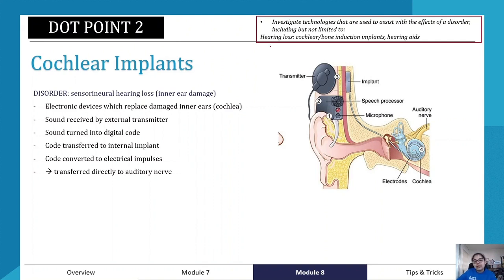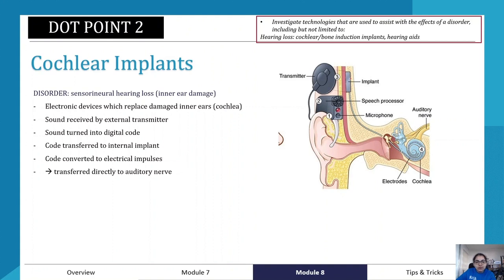So what happens here is we've got a transmitter which receives the sound and turns it into a digital code. From there the code is transferred to the internal implant. Again, we've got an implant inside the ear.